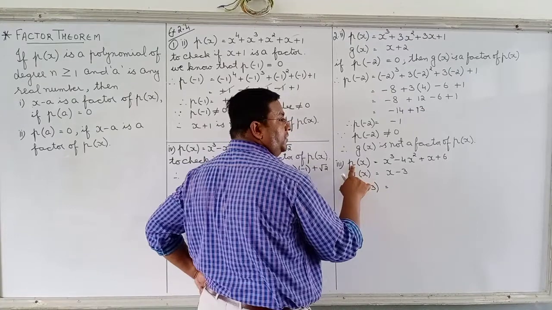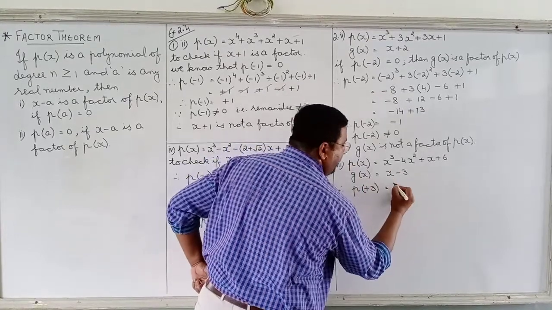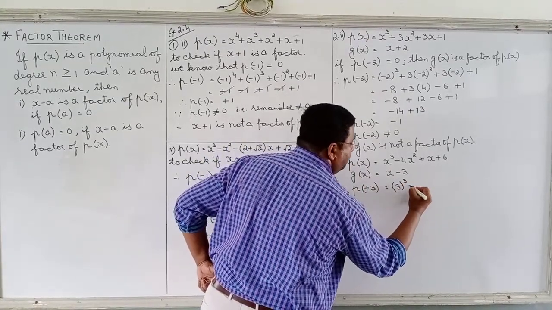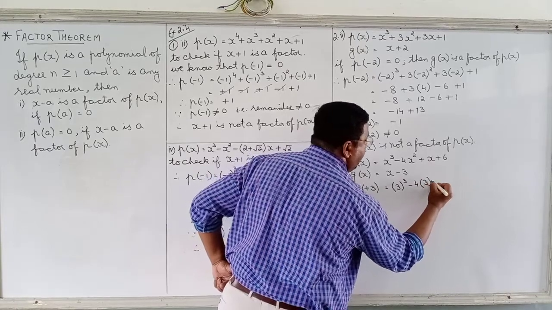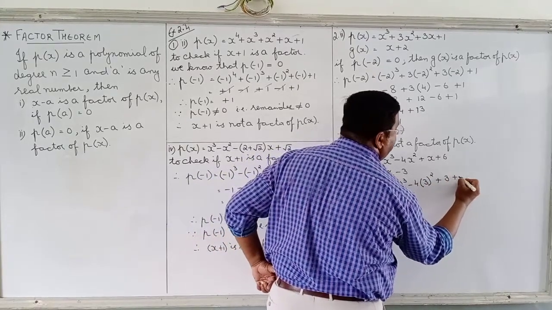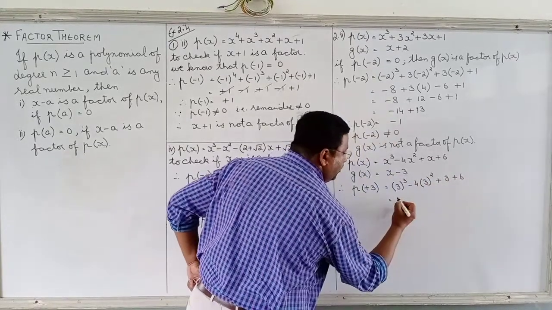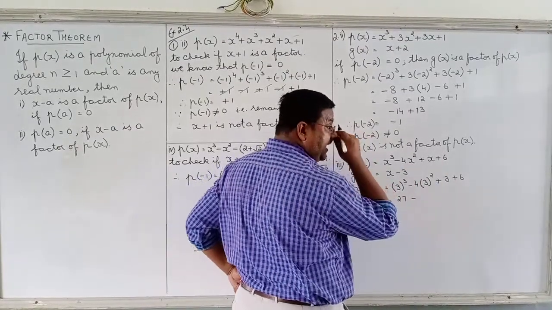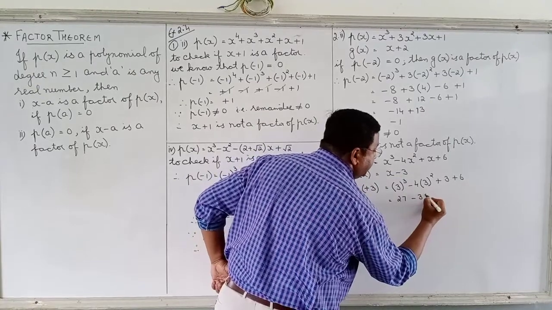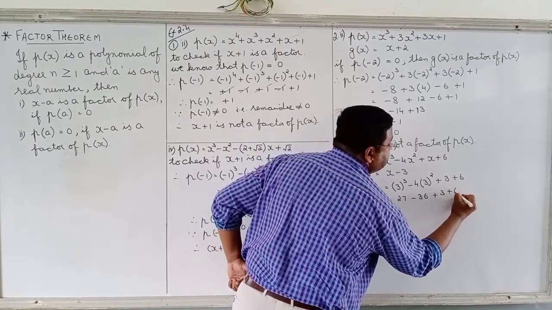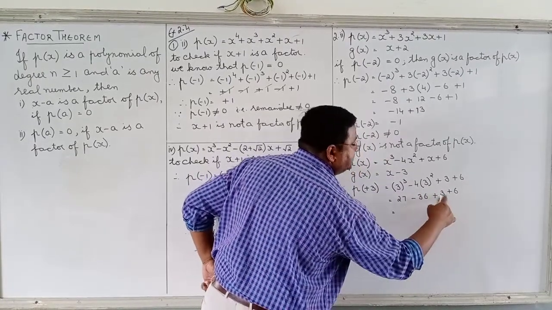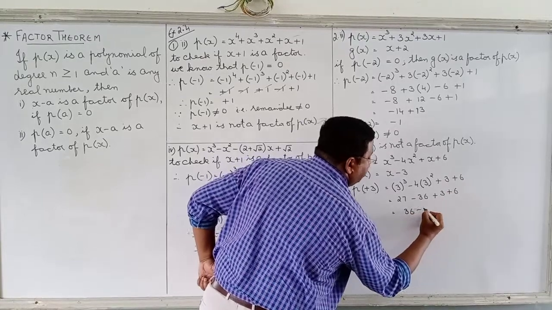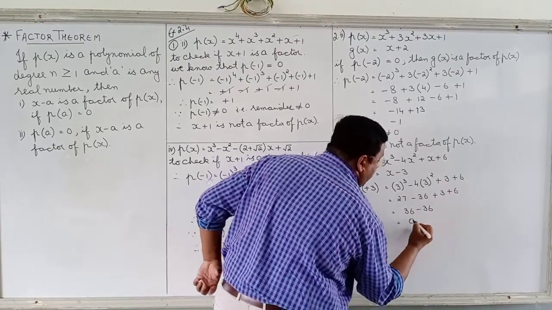In the polynomial P of x, we substitute 3. 3 cube minus 4 into 3 square plus 3 plus 6. So 27 minus 36 plus 3 plus 6, which is 36 minus 36. Remainder is what? 0.